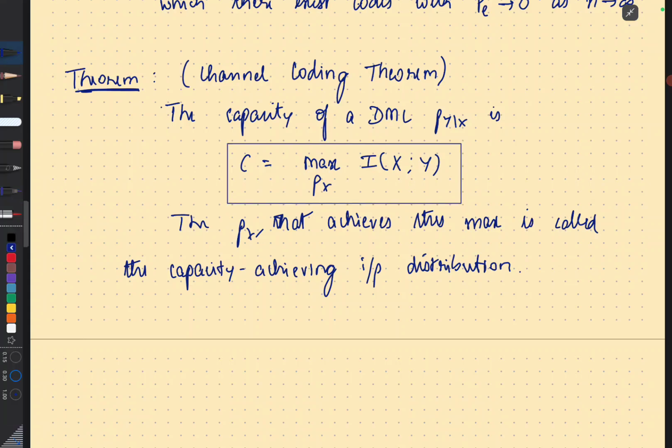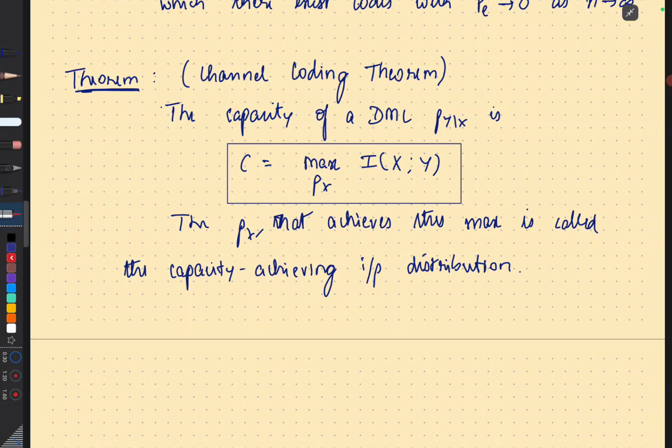So magically, the largest rate that we can achieve is given by a mutual information. And if we think about this result purely intuitively, when we say mutual information, it is the amount of information that you get about the input x from what you observe, y. Now, what does the rate of reliable transmission mean?